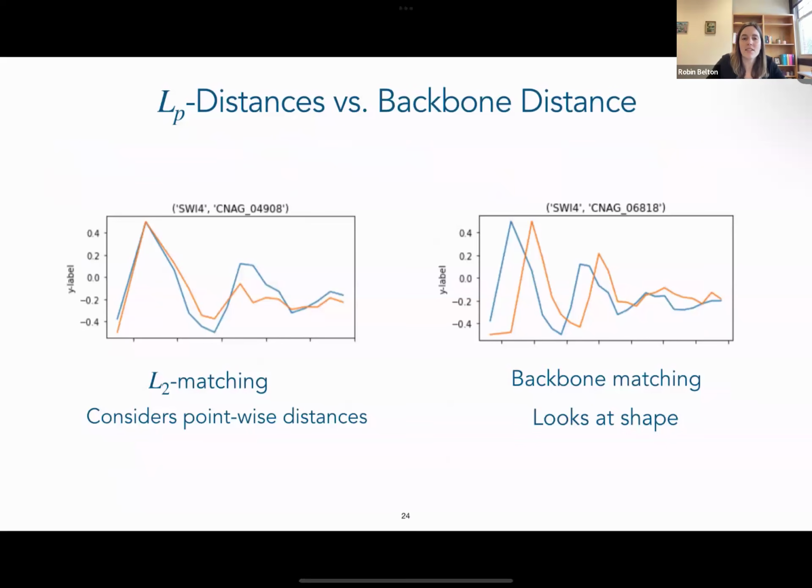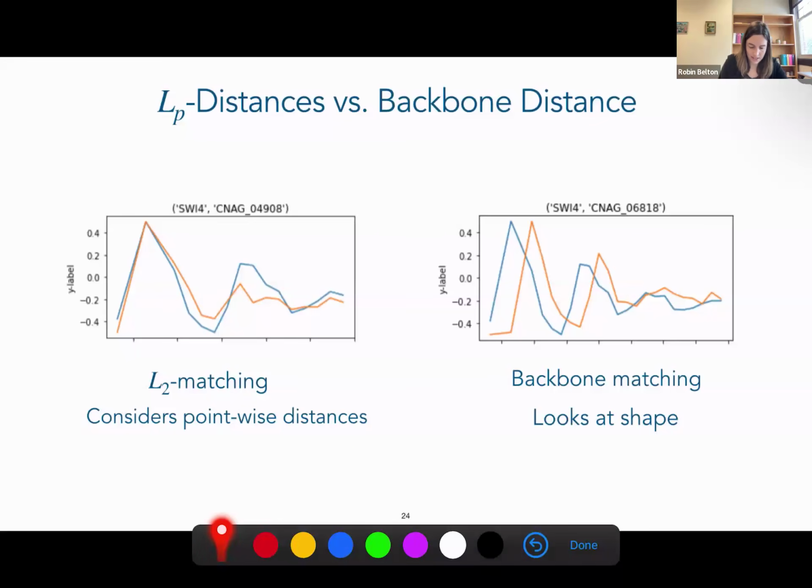Okay. And then just a little bit of what this backbone distance is capturing versus an L2 distance. For these plots, what I did is I looked at the time series for SY4, this gene here, and then I compared it to a bunch of different CNAG genes, like hundreds of them. What's shown on the left here is that the distance between SY4 and this CNAG gene was the smallest out of the distances between SY4 and all the other CNAG genes, in terms of the L2 distance.